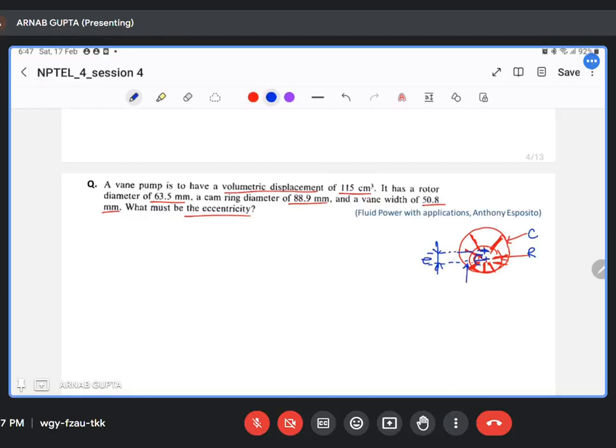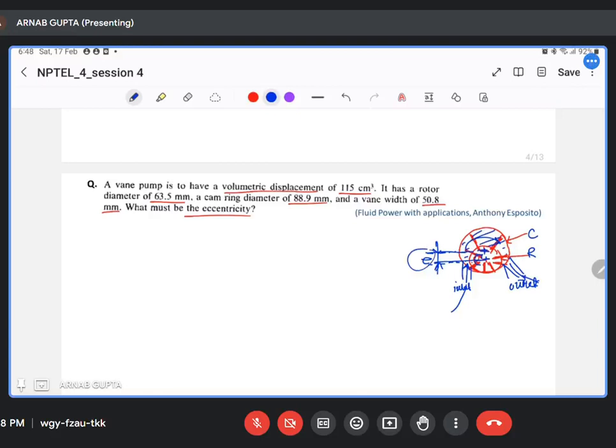So this is your inlet, since the volume is expanding, and this is your outlet because the volume is getting compressed here. So the liquid is getting ejected from here. So as you can understand, if this E is increasing or decreasing, accordingly the amount of liquid that is being displaced through this pump will also vary, because this space here is influenced by this eccentricity value.